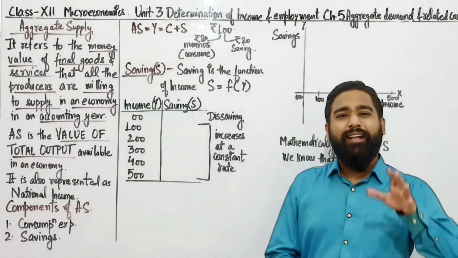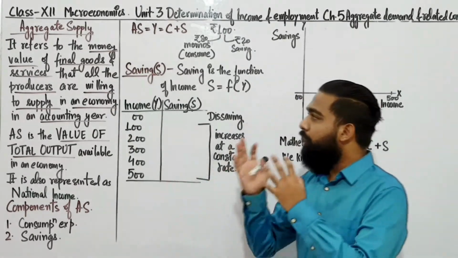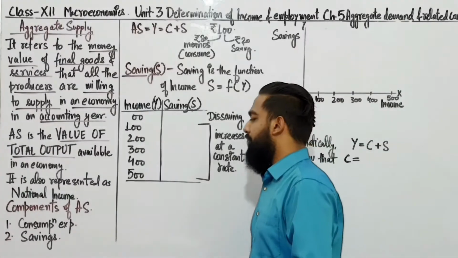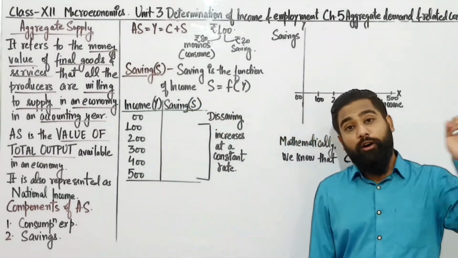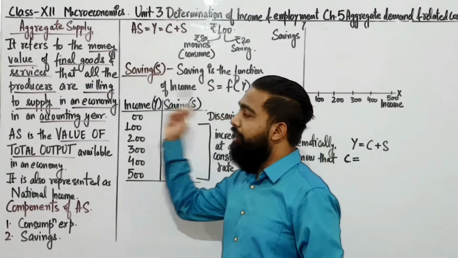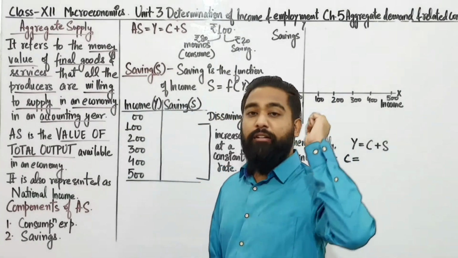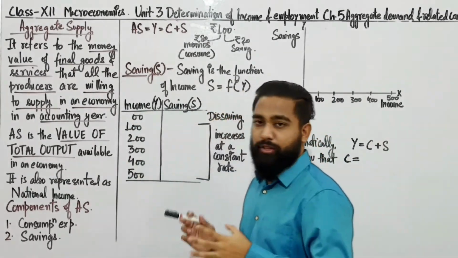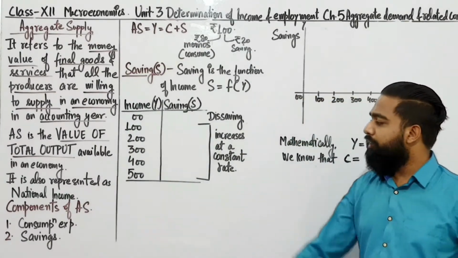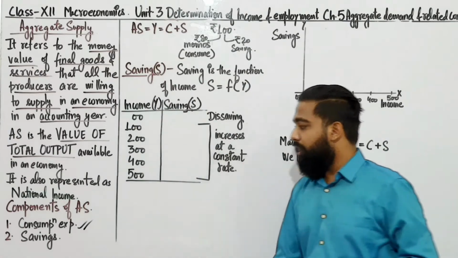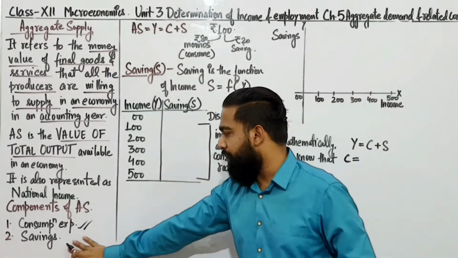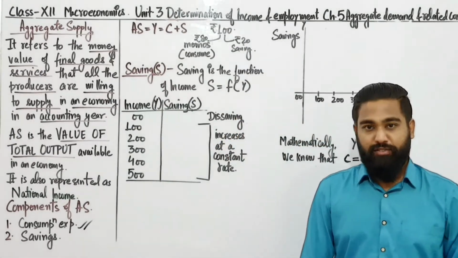Now let's talk about the components of aggregate supply. What constitutes the aggregate supply? The components are consumption expenditure, which you have already studied in the aggregate demand, in the first video of this chapter. Now we need to study the second component, which is savings.